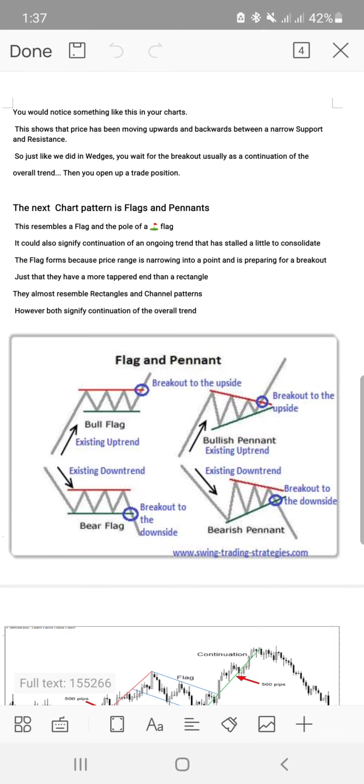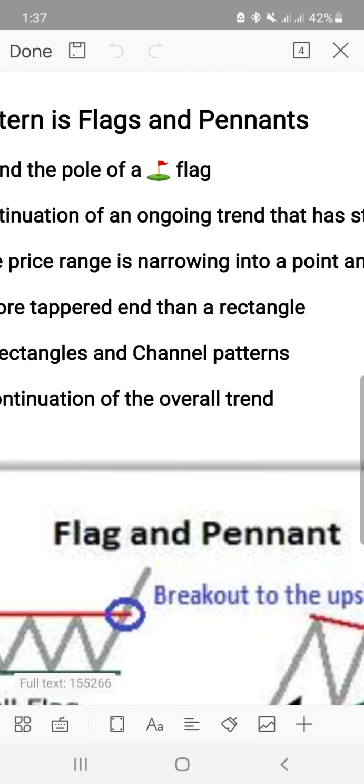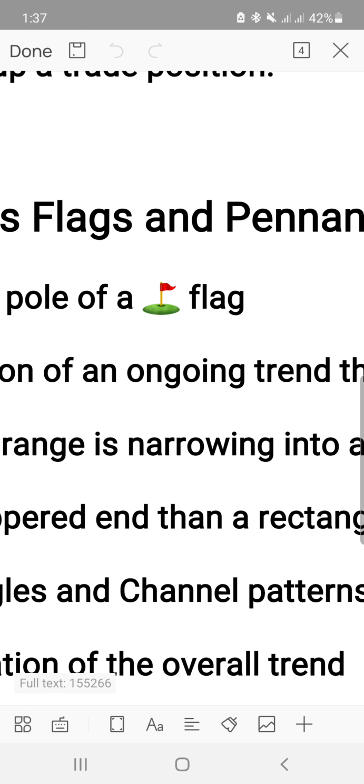Let me zoom this. Look at how a flag looks. A flag is like this, then like this, then like this. There's a pole, then the flag is like this. This is how a flag is.